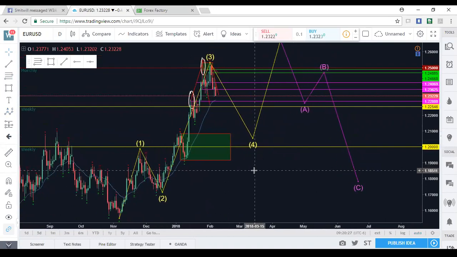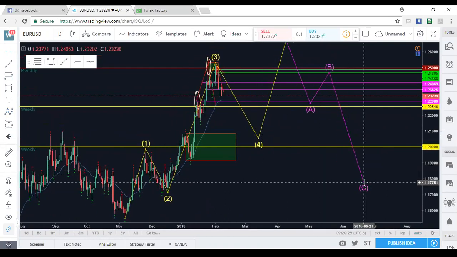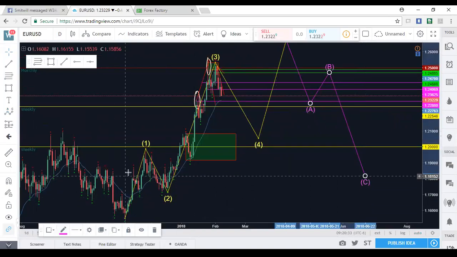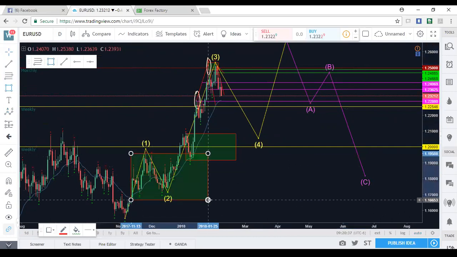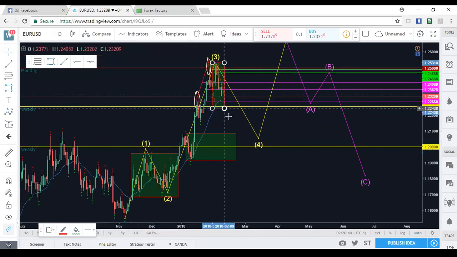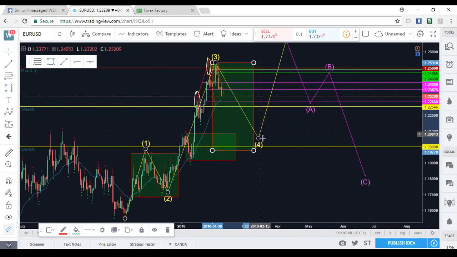And so what happens is, I'll show you all the guidelines, right? Wave 2 looks to be more of a flat style correction. Wave 4 should be a little bit steeper, right? And then you've got the ABC correction.